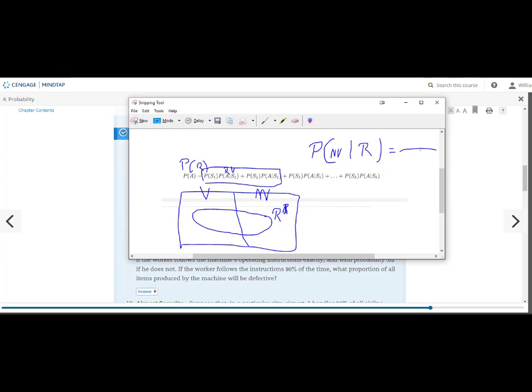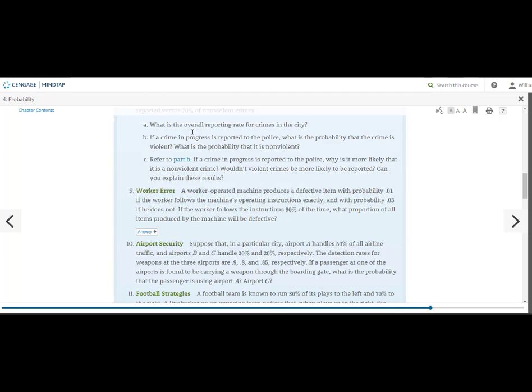Those are the things we were given, so we can fill all those in over here in Bayes' theorem, and then do the whole calculation, and that will give us this. So I'll leave that explanation like that. Okay, and the other problem should be similar, so I'll let you work on these in the homework.